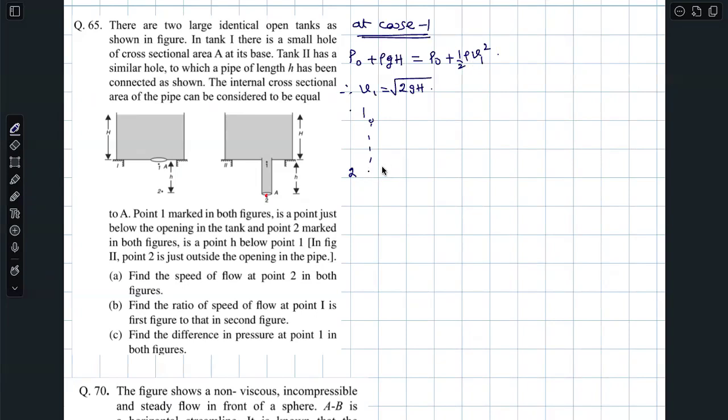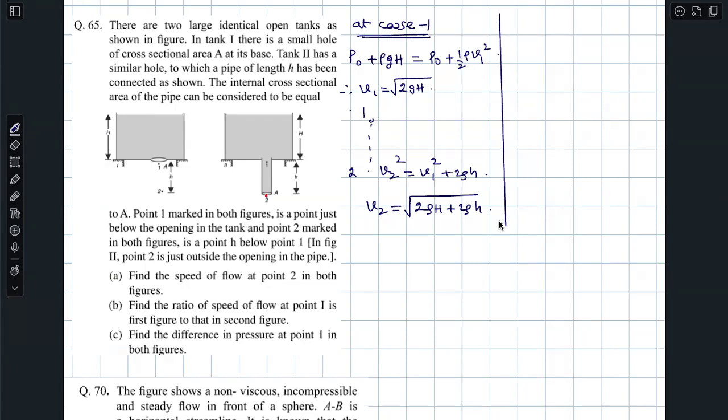So obviously V2² is V1² plus 2gh. V2 is √(2gH plus 2gh). I have successfully done the first part of the question. Any doubt? Please ask.